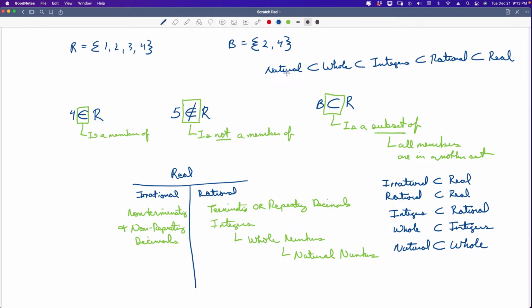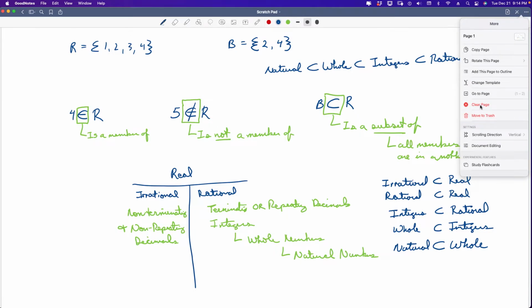So this is smaller than this is smaller than this is smaller than this, and this is smaller than this. Everything in this one is included in this one. This one has more. Everything in this one is included in this one, and everything in this one is included in this one. So I hope that clears up what this means. This little symbol is "is a member of." And you can see how the number system works in relationship to those symbols. I want to talk to you about one more thing in this lesson, and then I'll let you go.